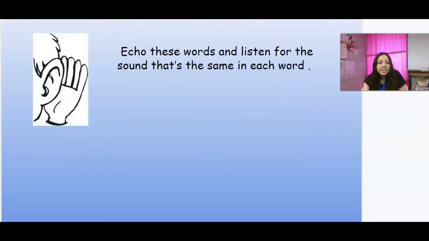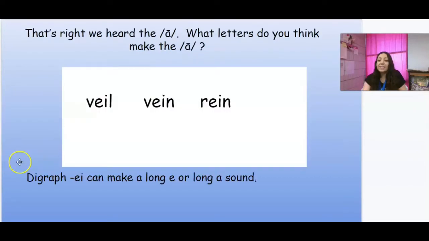Okay, listen to these words and see if you can find the sound that's the same in each word. Are you ready? Vain, veil, rain. Let's try it one more time. Vain, veil, rain. Okay, that's right. You hear that A sound, okay?